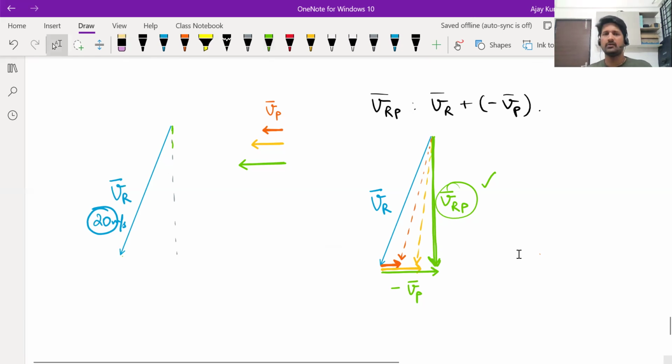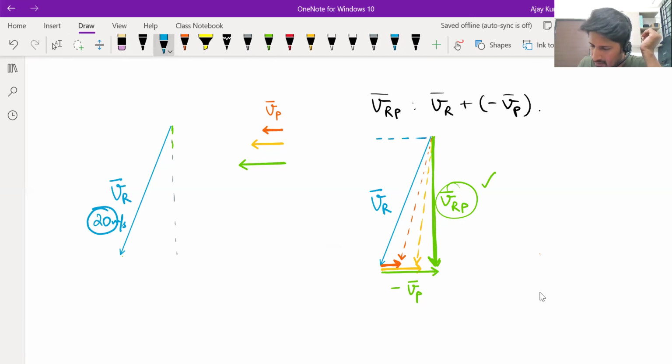Fine. Now there are two ways to solve this. You can solve it using this vector diagram itself, or you can write equations and solve it mathematically. Let us do it both ways. Now that vector velocity of rain, it had components. Its x component was 12 and its y component was 16. Now what we want is VR minus VP should only have that y component.